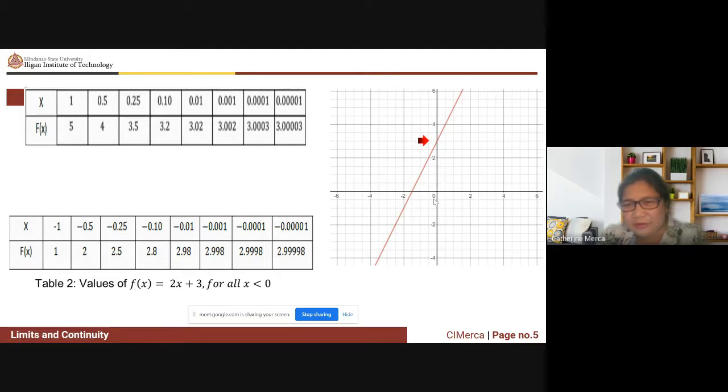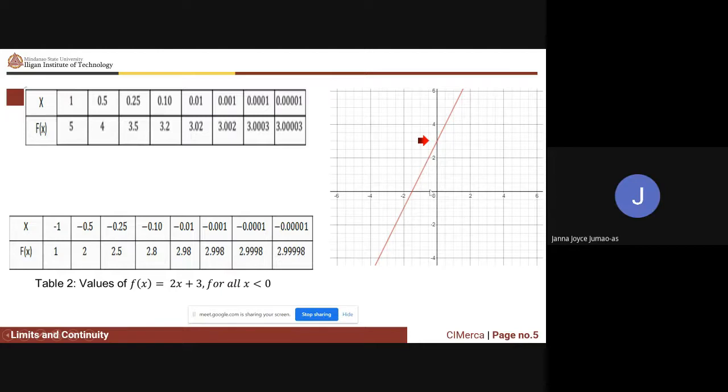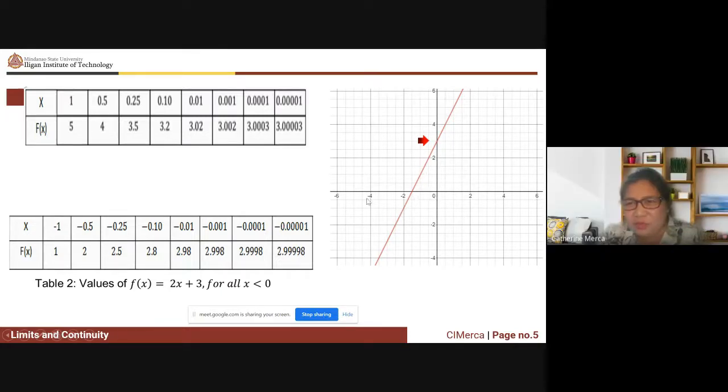We would like to find out what is the value of this function, f of x equals x plus 3, as we let x approach 0 from the left, that is, x is less than 0. So you try to approach the value x is less than 0.